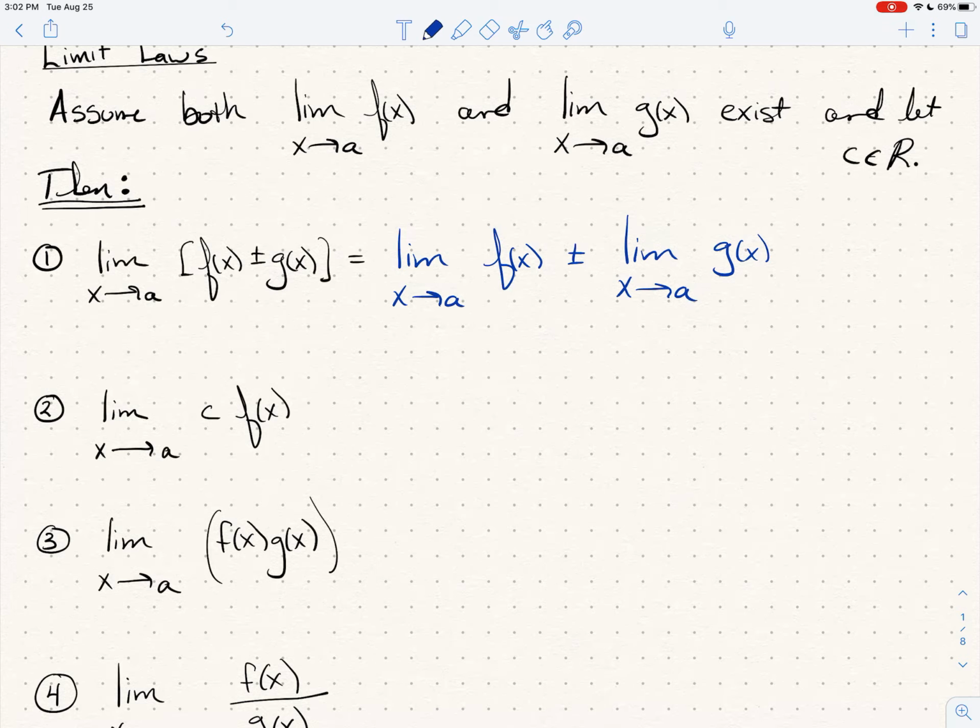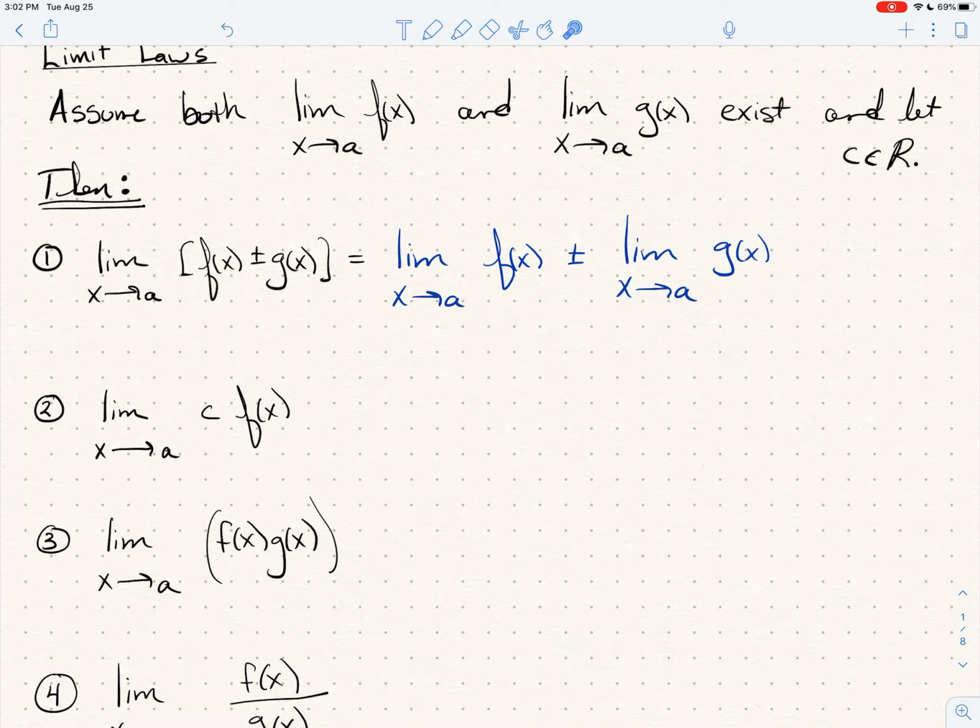This seems so apparent that it may not seem like a big deal, but it is. It doesn't have to be this way. This is telling you that limits of sums of functions work the way that you think they should, as long as you know that both pieces actually exist. That's important. We'll do examples where neither limit exists, but the sum actually does.